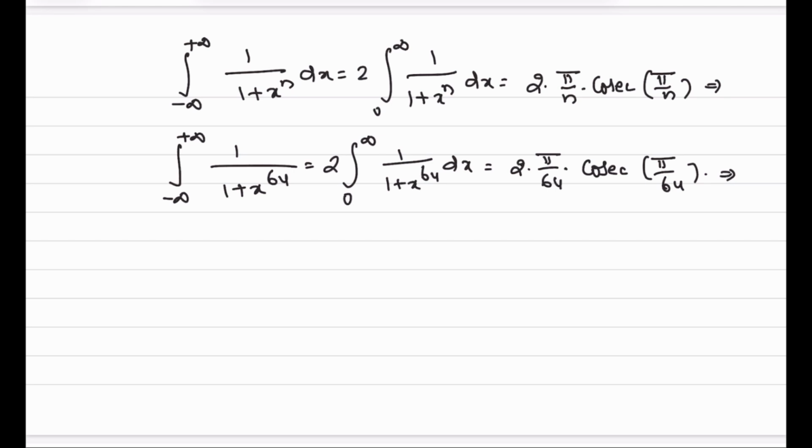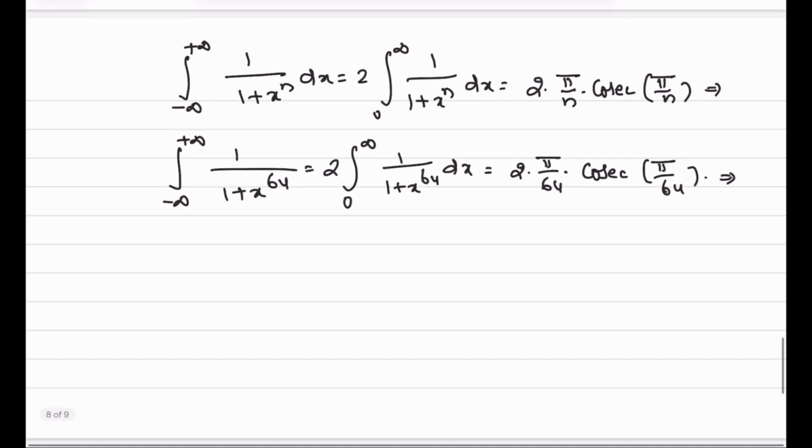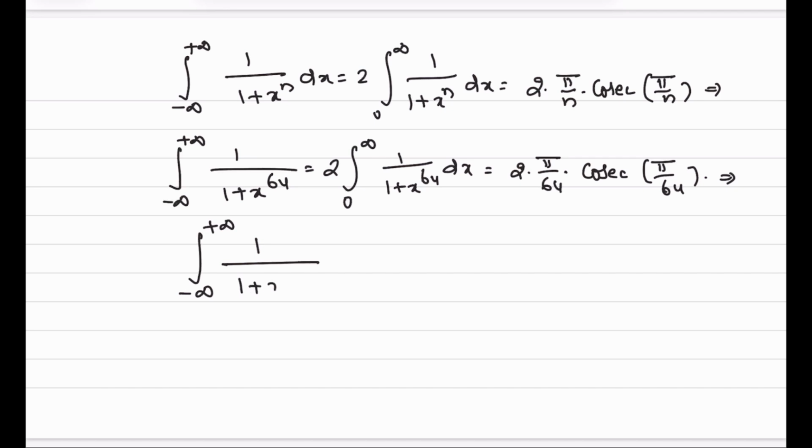That implies the answer to the question, minus infinity to plus infinity 1 by 1 plus x to the power of 64 dx, is equal to pi by 32 into cosecant pi by 64.